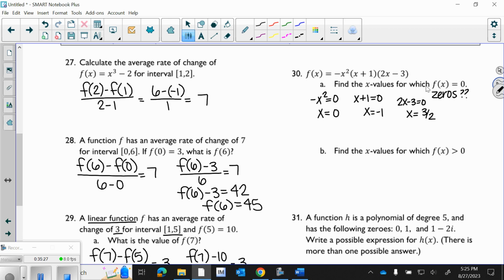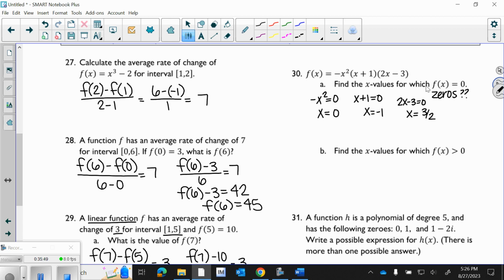And B, find the x values for which the graph is greater than 0. The y values are greater than 0. So again, there's a couple ways that you could do this. You might want to sketch it out. That's perfectly fine. Things that I know about this, it has a degree of 4.